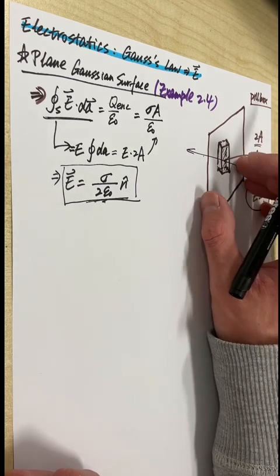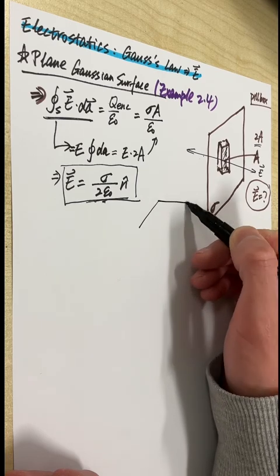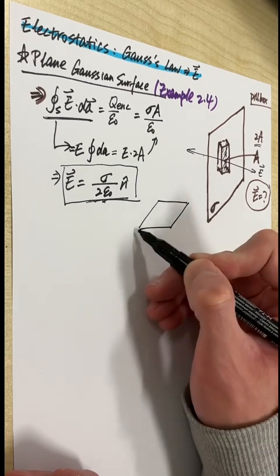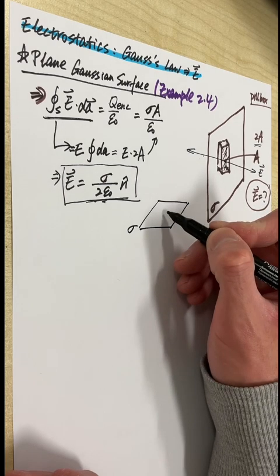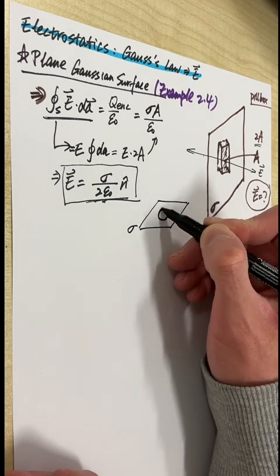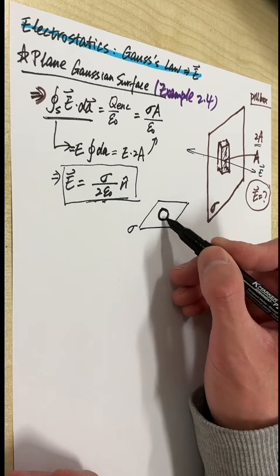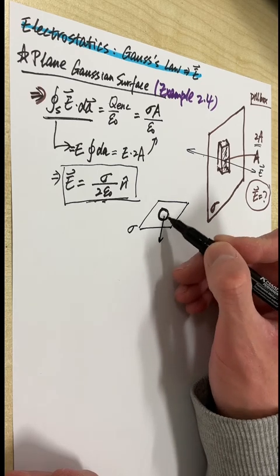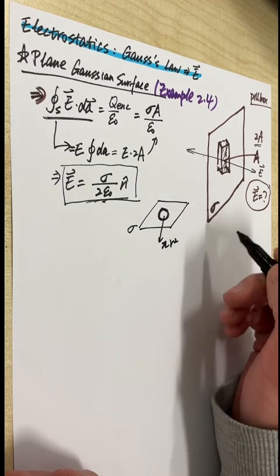Another way of looking at this is, for example, you have a plane and you have a surface density, and you have a microscope you observe the plane with. So the area of the observation here is pi r square.